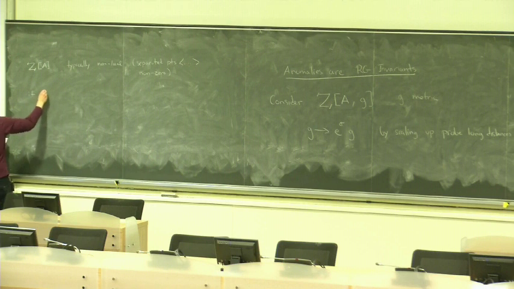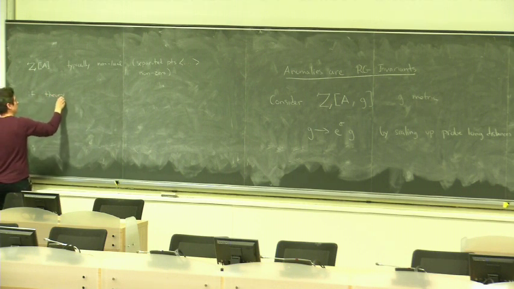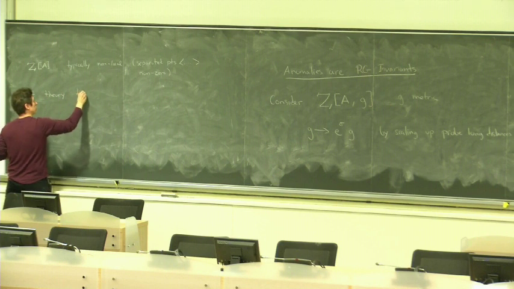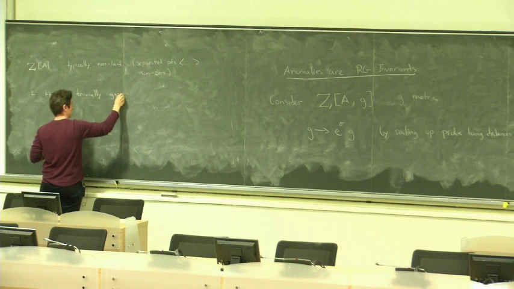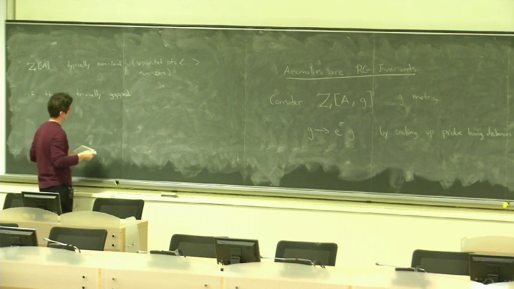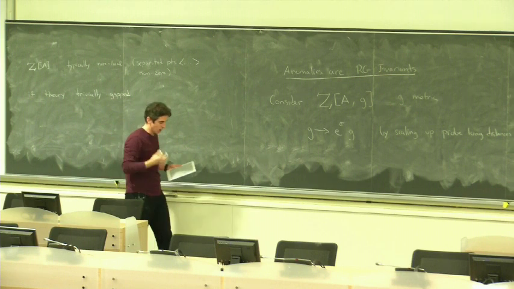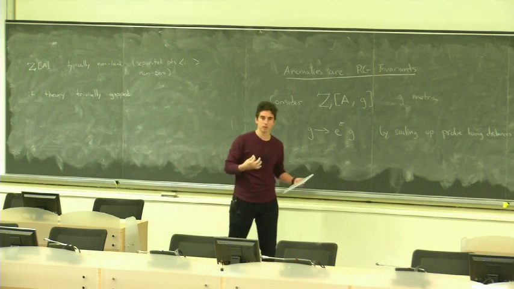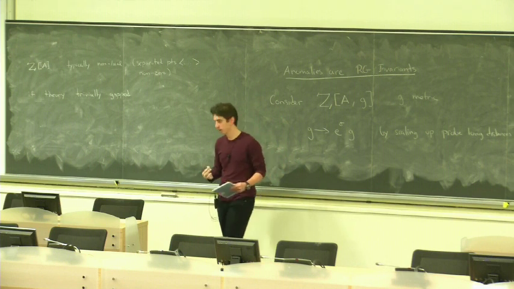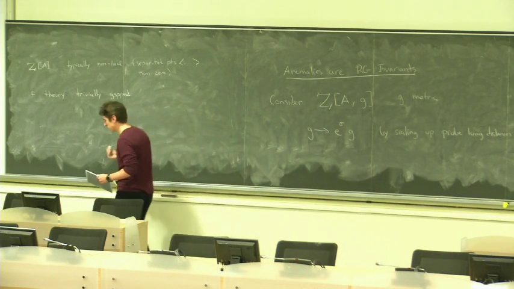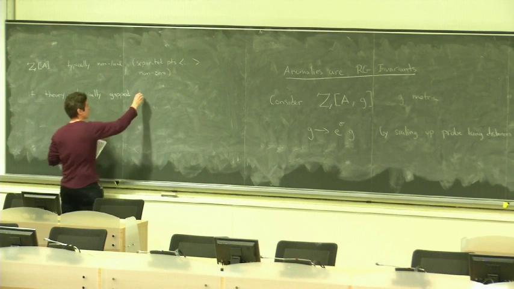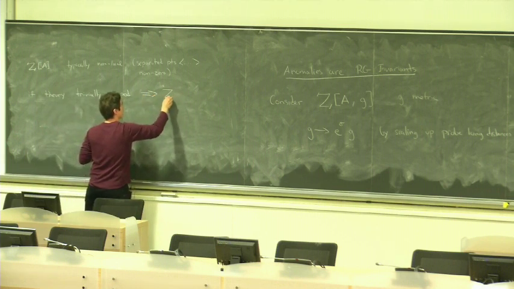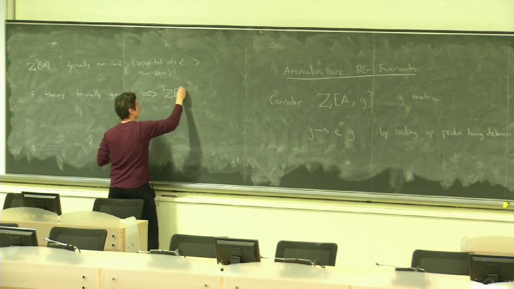Now, if our theory is trivially gapped, the only operator that is allowed to have non-trivial separated points correlators is the identity operator. Right? A trivially gapped theory was the empty theory. It meant that the only non-trivial operator was the identity operator. So if a theory is trivially gapped, then Z of A should be local.